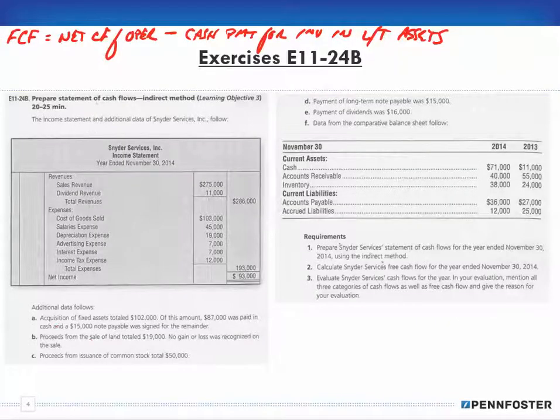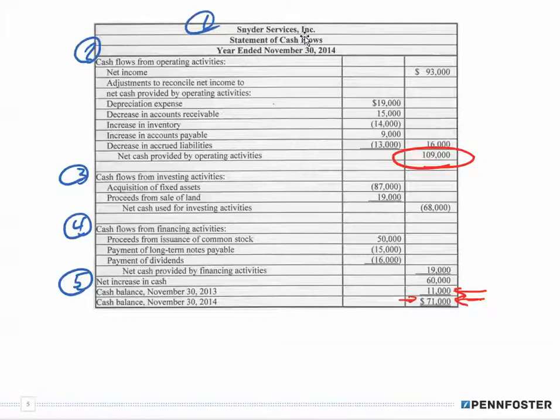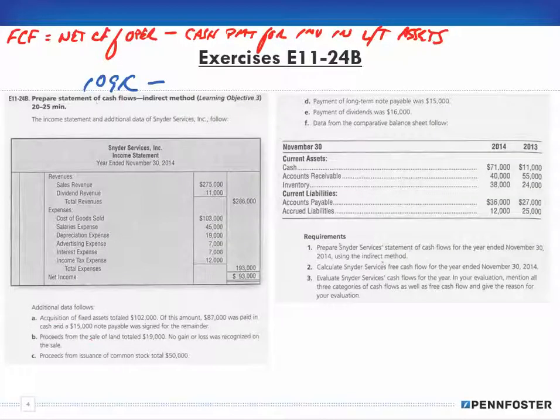So we have 109,000, minus the cash payment for a long-term investment, which is this acquisition of our fixed assets of 87,000. So minus the 87,000, and that is going to equal the 22,000 for our free cash flow.